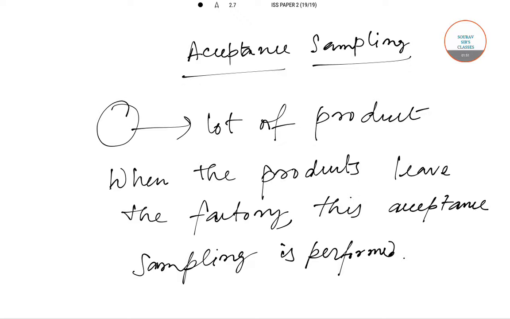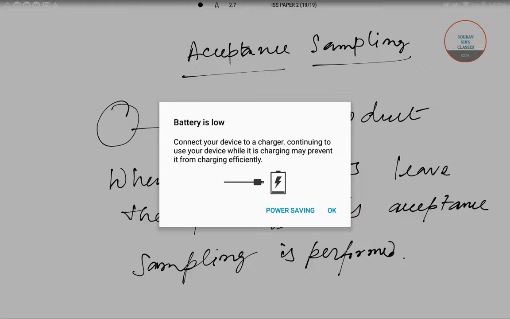Most often a producer supplies a consumer a number of items, and the decision to accept or reject the items is made by determining the number of defective items in the sample, that is in the lot.